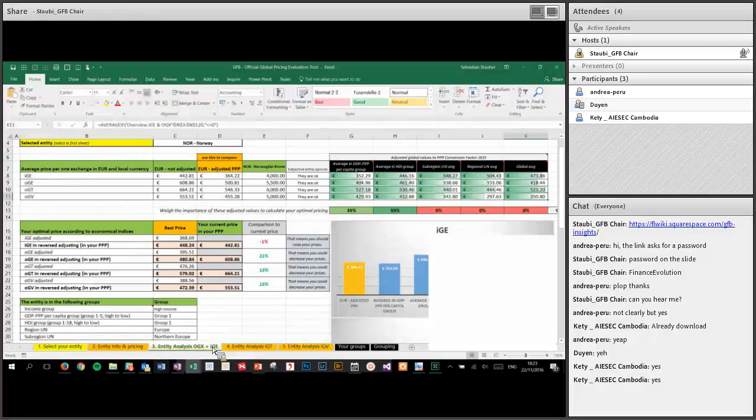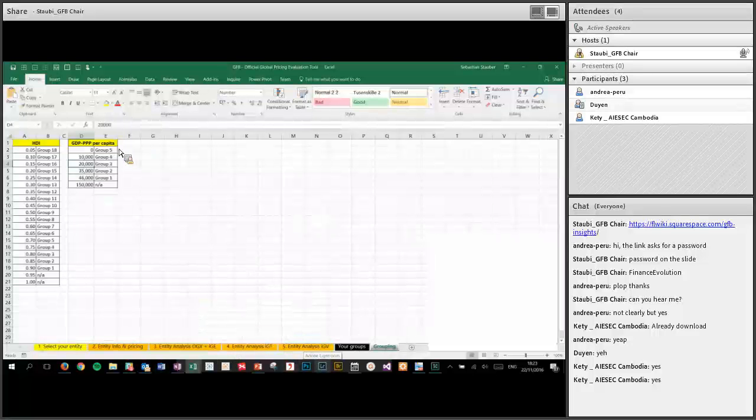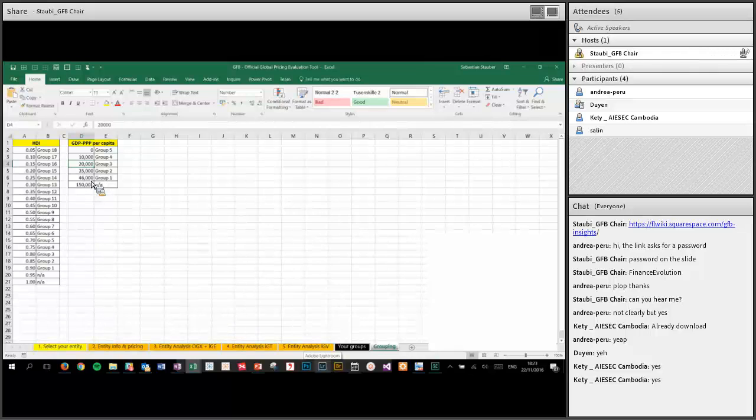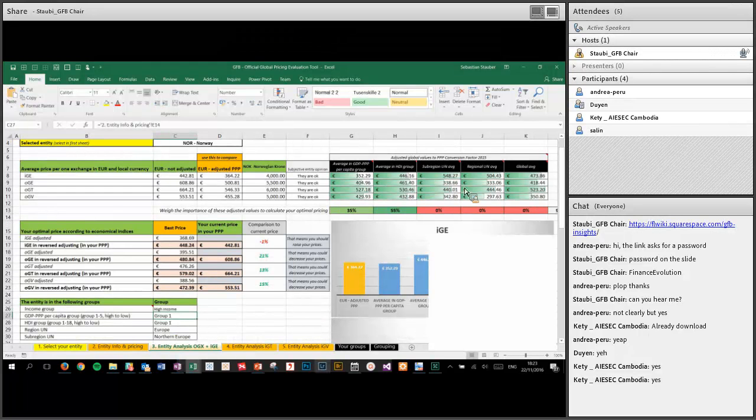And also the average GDP PPP per capita is very high, because we are also in group number 1. And you see the grouping, so in Norway people are earning from 46,000 to 156,000 adjusted by PPP. Okay, so it means for Norway, the HDI group is the best fit.